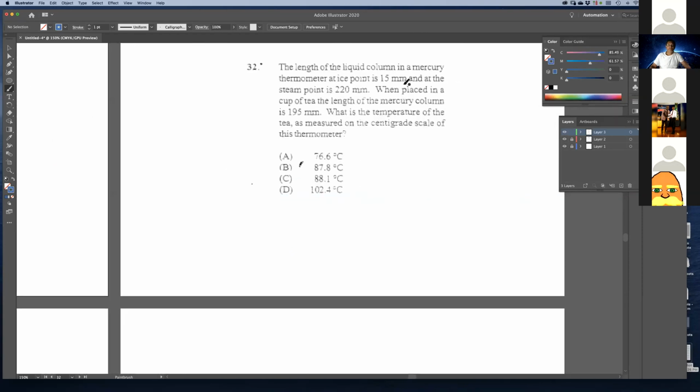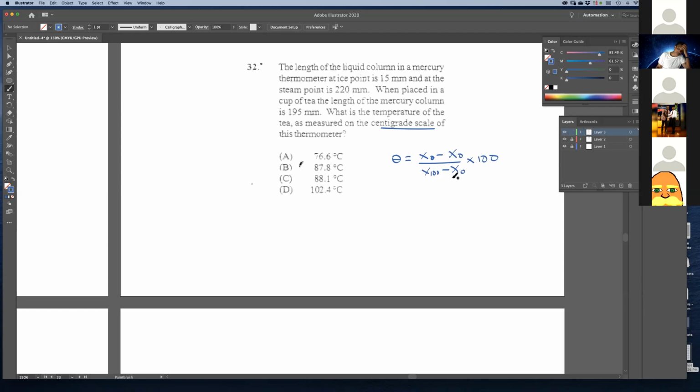The length of a liquid column in a mercury thermometer at ice point is 15. We know the equation: theta equals (x theta minus x0) over (x100 minus x0), times 100. That equation is the defining equation for the centigrade scale.